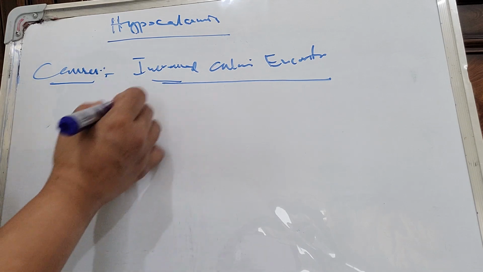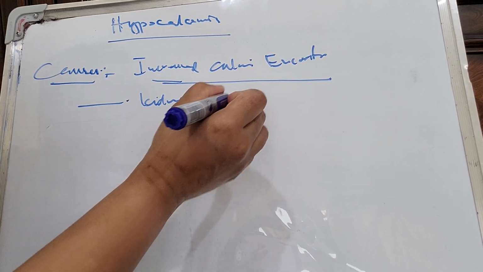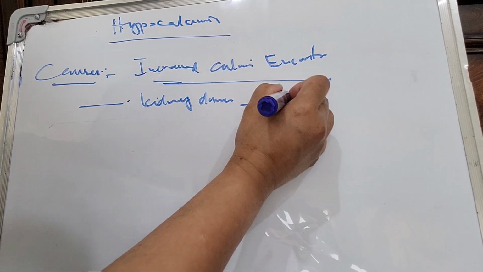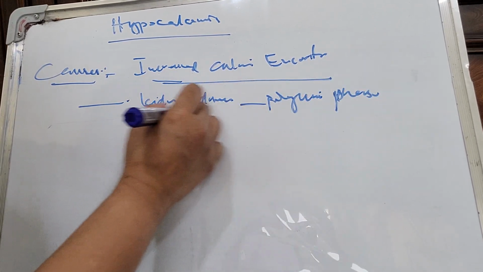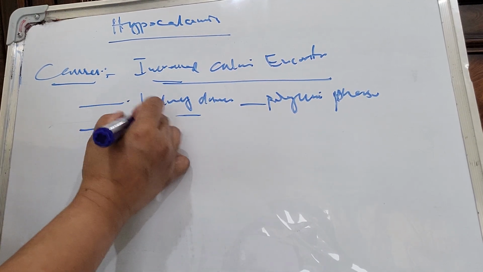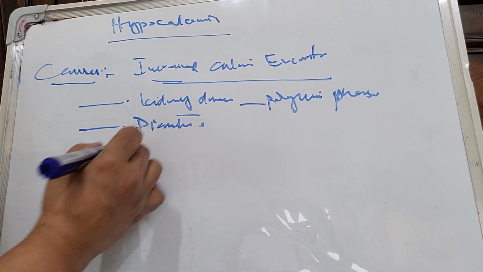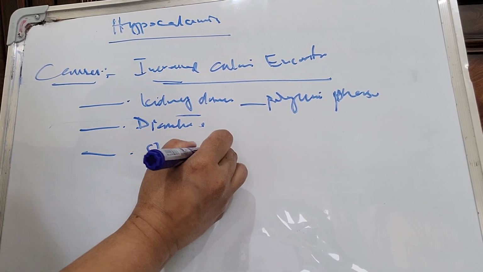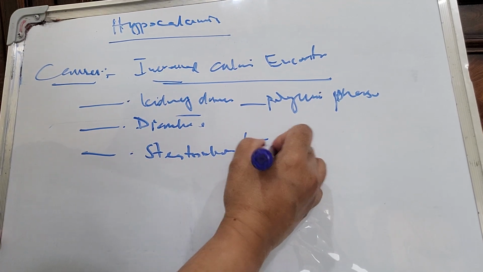The number one is kidney disease, polyuric phase. In the polyuric phase of kidney disease, the patient has hypocalcemia, then diarrhea, then steatorrhea. What is steatorrhea? It is excess fat in the feces.